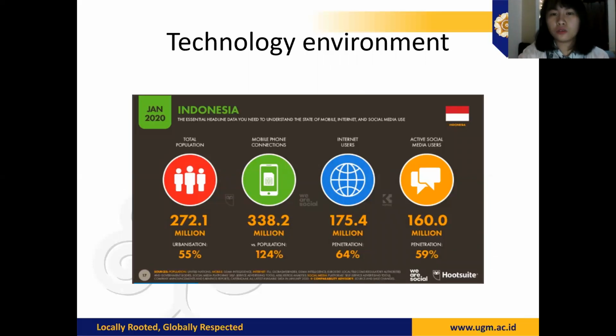Okay, the technology environment, Indonesia. Most people in Indonesia are using the internet. We can see the number here is such a big number: 175.4 million of the population of Indonesia.